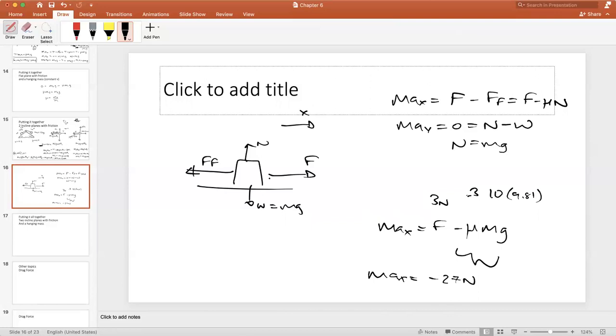Well, that's telling you that this block is being accelerated to the left. That can't happen due to friction. Friction can't make an object move. It can only stop motion. That's really important that you understand, okay? Just make sure you understand it.